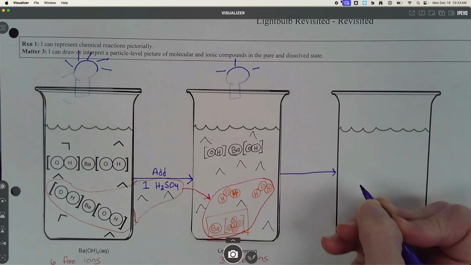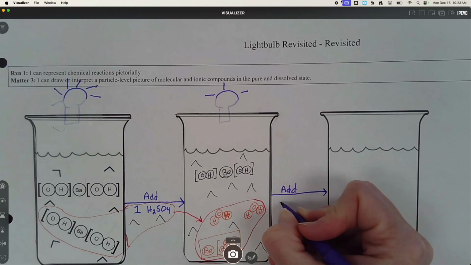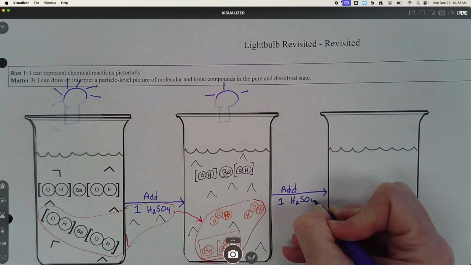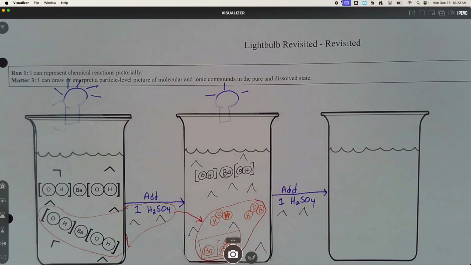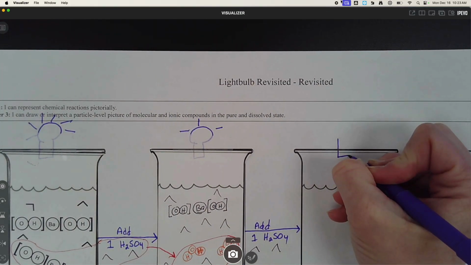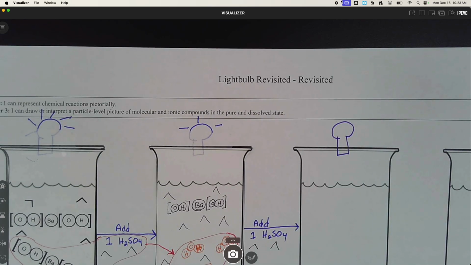The next picture is going to involve adding one more H2SO4, which is aqueous, so we'll bring a couple water molecules along for the ride, and getting yourself to the point that the light bulb is turned off.